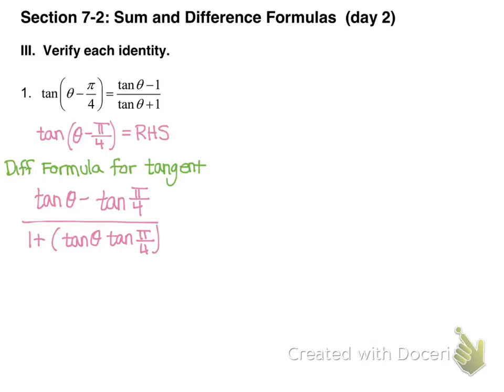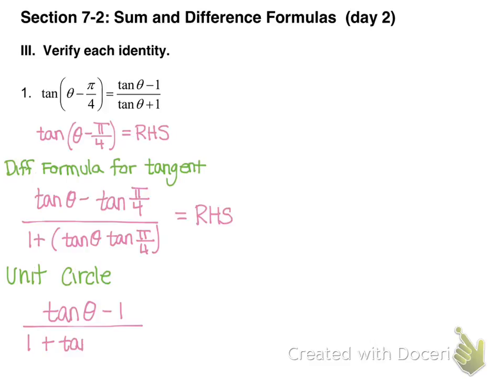Now, since we have values like tangent of pi over 4, we're going to use our unit circle values to start simplifying. So we know that tangent of pi over 4 is 1, so we have tangent theta minus 1 over 1 plus tangent theta, and then times 1.